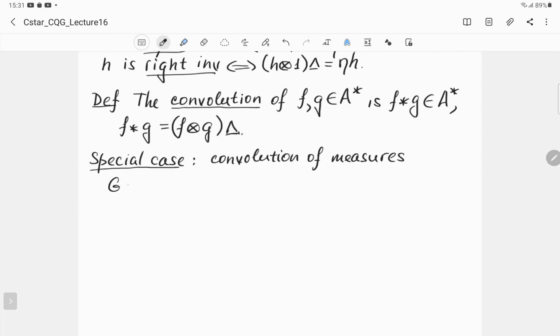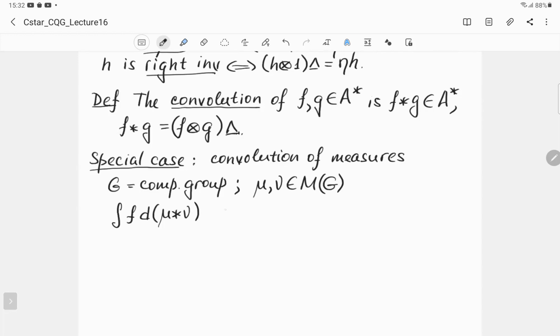If G is a compact group, and if mu and nu are complex Radon measures on G, then their convolution is defined by the previous formula, and explicitly it can be defined as follows: for each continuous function f on G, the integral of f with respect to this measure is the integral of f of xy, d mu of x, d nu of y.